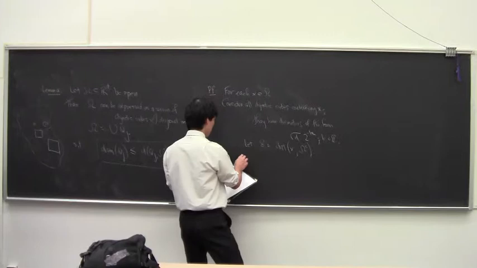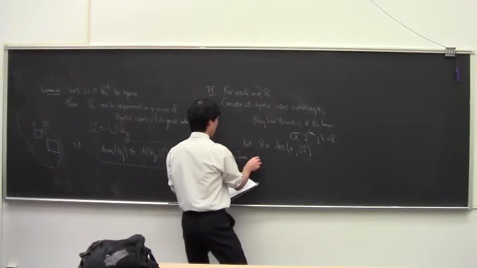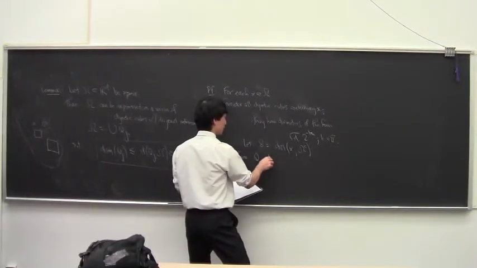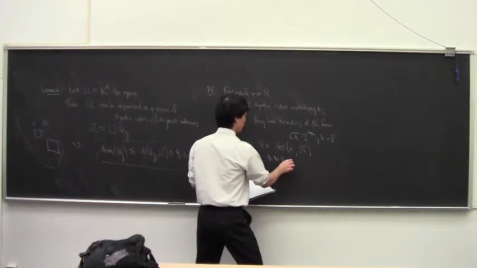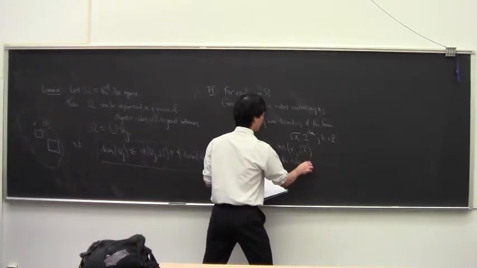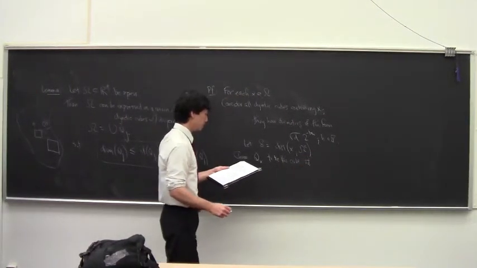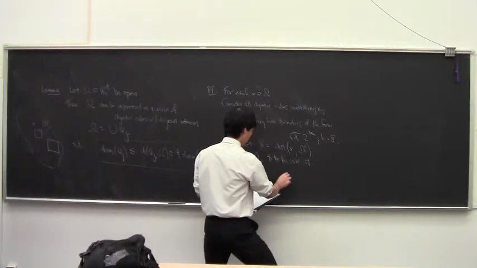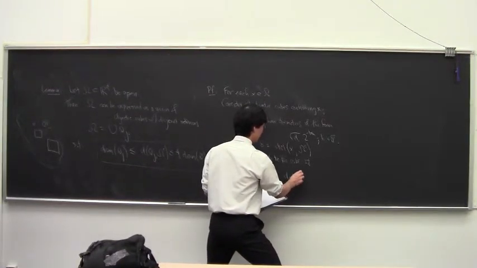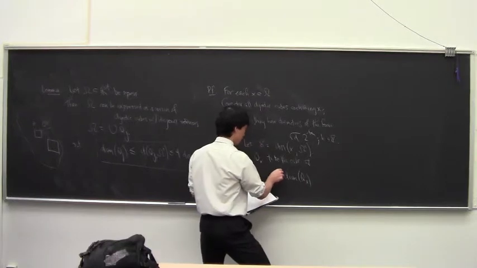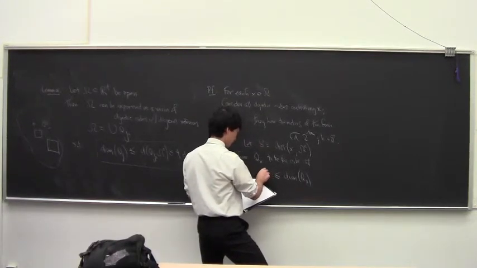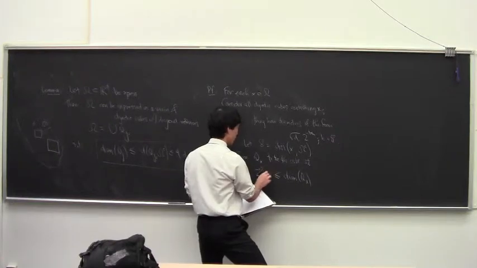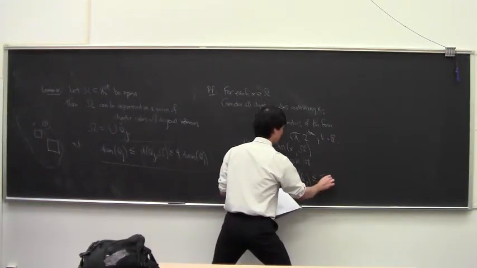Then you just choose Q_x to be the cube such that the diameter of the cube is greater than 2 to the minus 2 delta and less than 2 to the minus 1 delta.